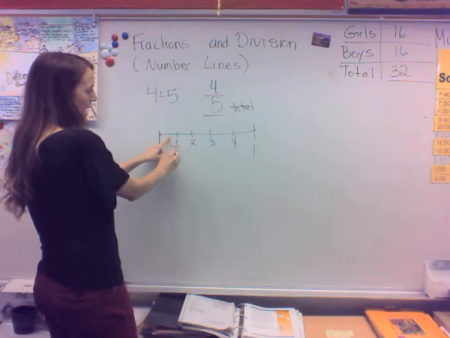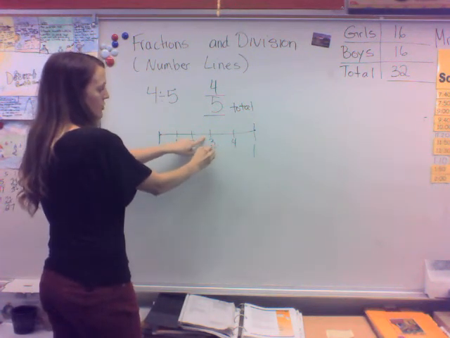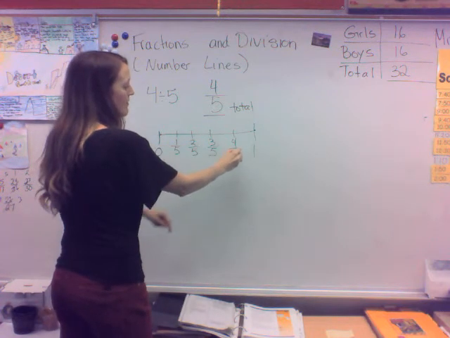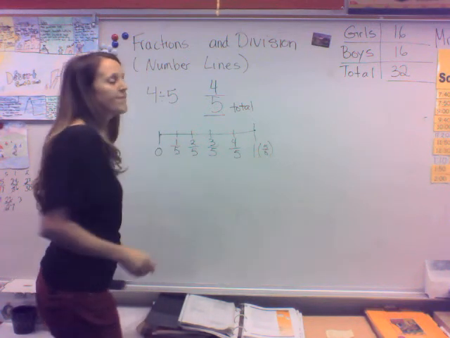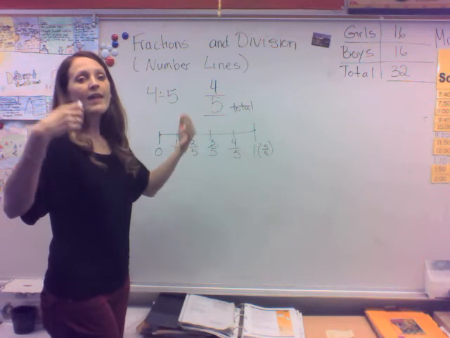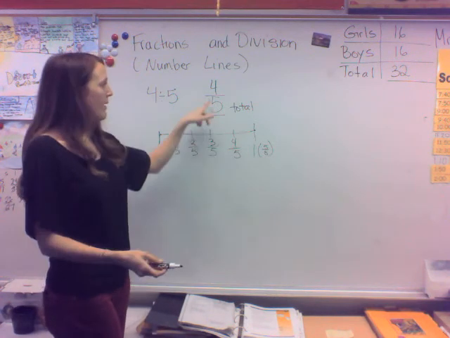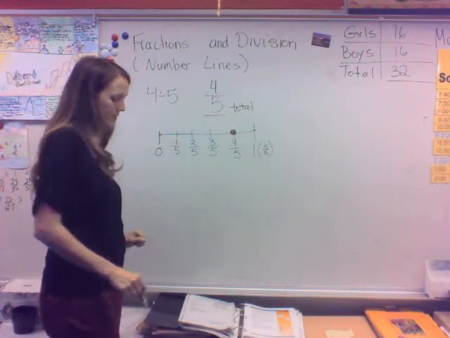This is 1 out of 5. This is 2 out of 5. This is 3 out of 5. This is 4 out of 5. And 1 whole is the same as 5 out of 5. That's the most difficult part. At the end, you get to do the nice easy step of identifying 4/5 right here.